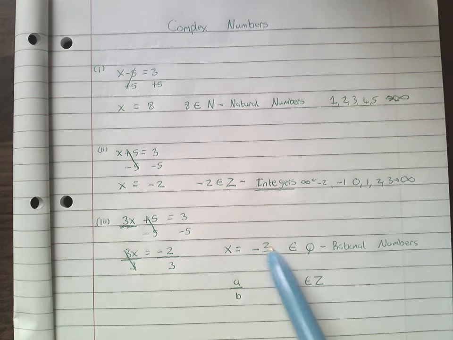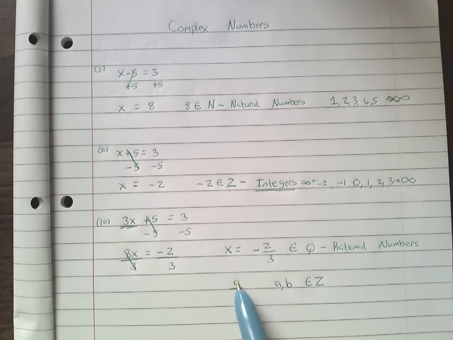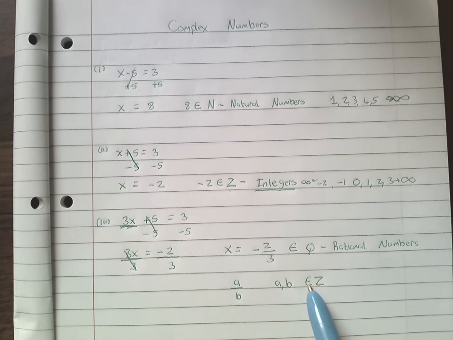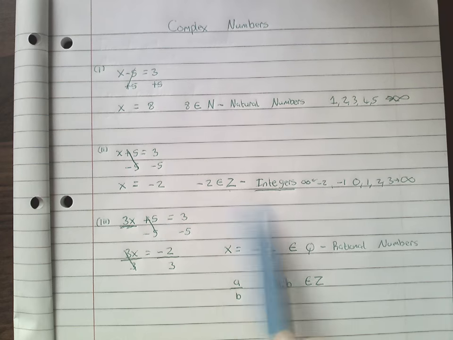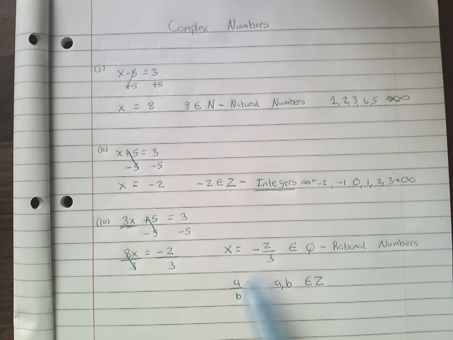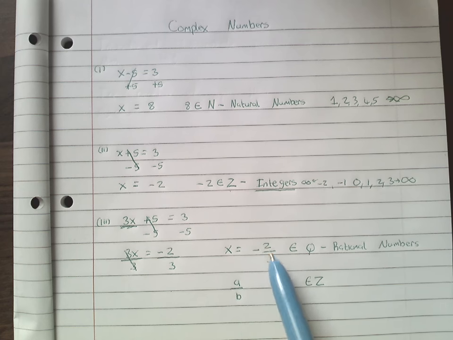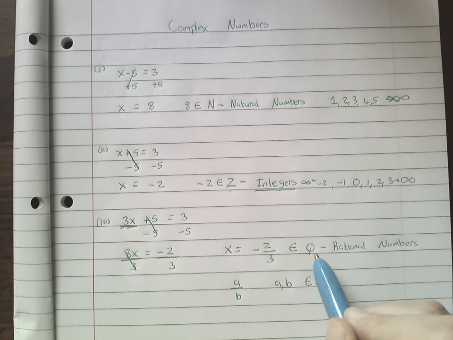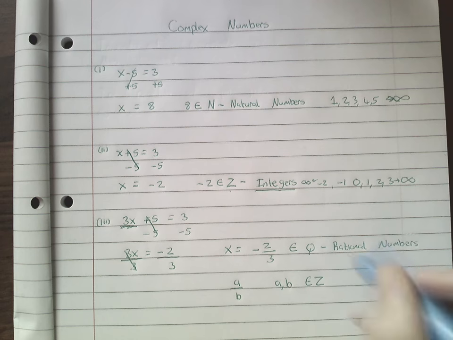So for example, x can be written as a fraction here. And the numerator and denominator are elements of the integers, so they can be positive or negative whole numbers. So these are integers here. And it's just in this form. And the letter that we use to represent this set of numbers is Q, and they are what are called rational numbers.